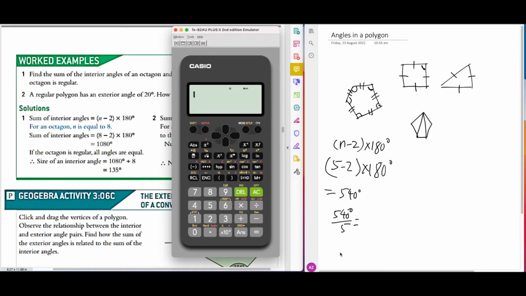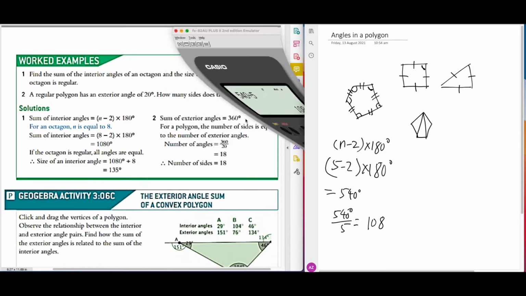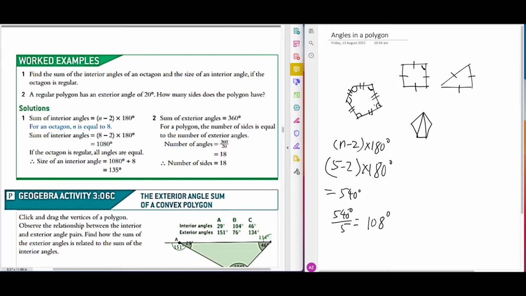So 540 divided by 5 is what? Now, I normally would be able to do this in my head, but being a bit lazy today, 108, okay? So that means each of these angles for a regular pentagon is 108 degrees.